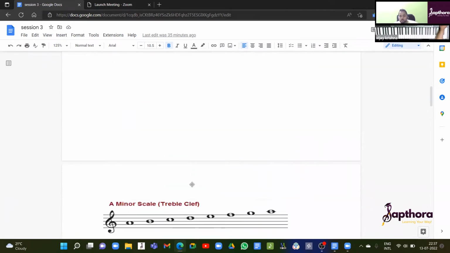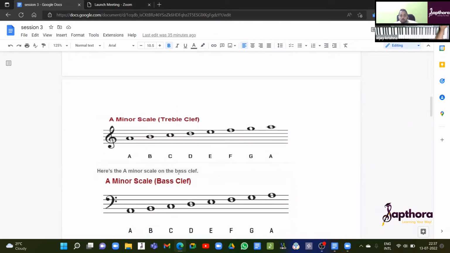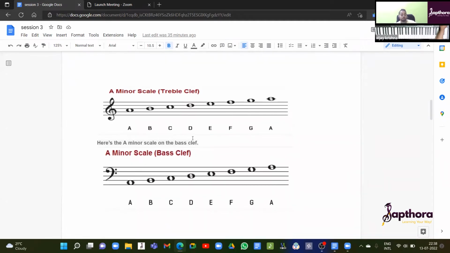When we come down here, the A minor scale also has the same letters present in the lesson: C, D, E, F, G, and then A, B. Whatever letters are present in the C scale, the same letters are used in the A minor scale. That's why we call it a relative family scale.